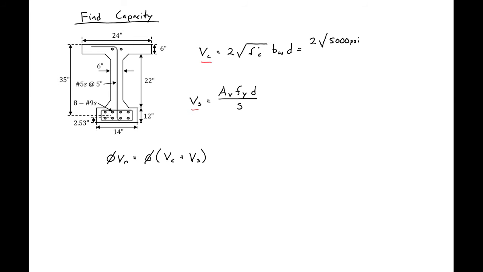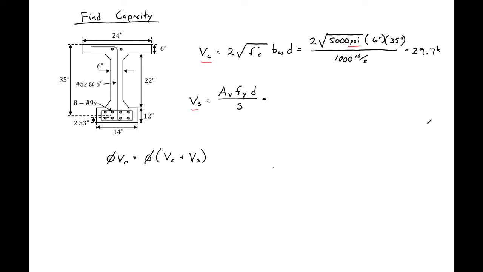So remember, when using ACI expressions, we need to use psi under our square root, times our BW, which is 6 inches, times our D, which is 35 inches. And I'm going to divide this by 1,000 pounds per kip to give us our answer in kips. And we'll get this to be 29.7 kips, and that's the contribution of our concrete to the overall shear strength.